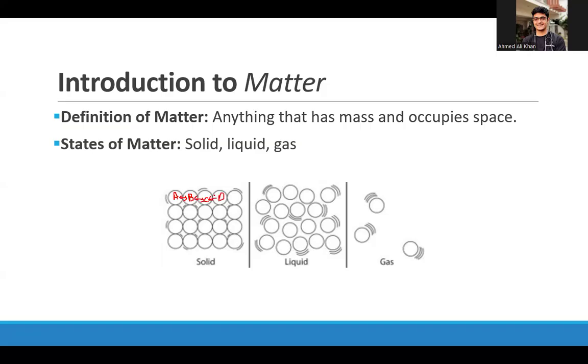Intermolecular forces are the strongest in solids. In liquids, on the other hand, they're relatively weaker, and in gases, they are the weakest. So the forces of attraction between these molecules are called the intermolecular force. Right? Hope that clears it up.